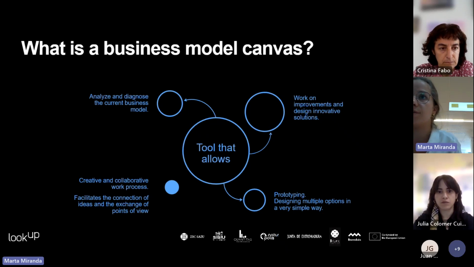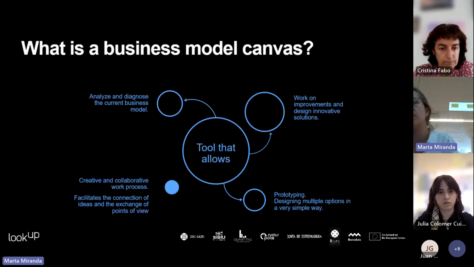We're going to see a lot of different parts that allow us to analyze the business.